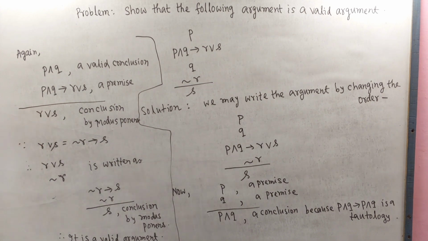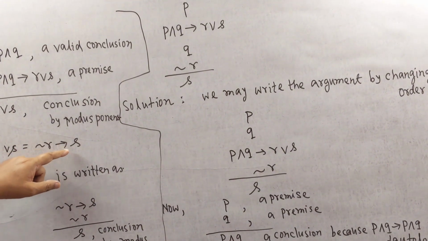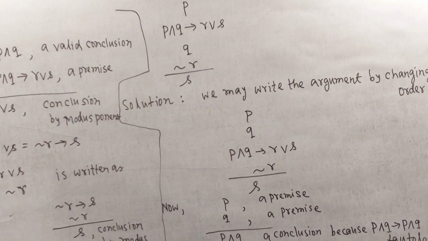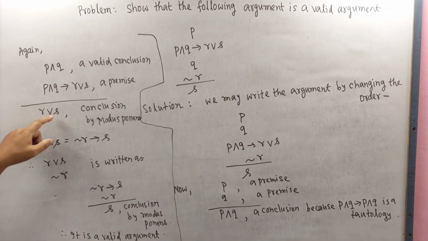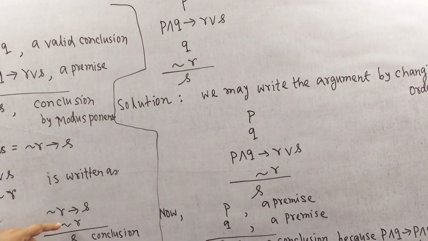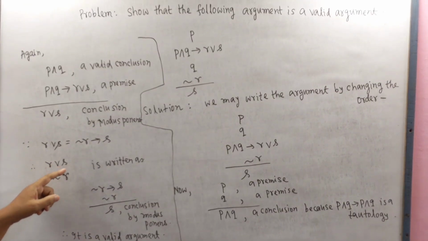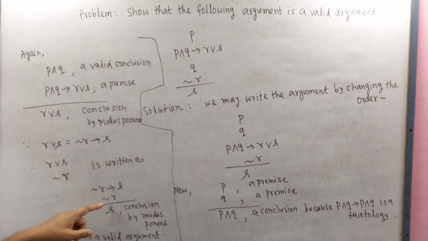Now next our negation R. So we have to make this as negation R. R disjunction S is equal to negation R implication S. So in place of R disjunction S we write negation R implication S here. Now we may change the order.